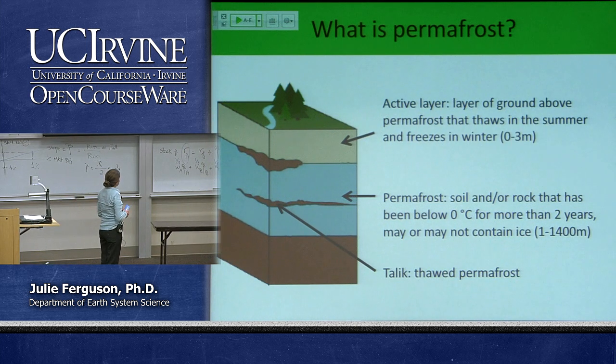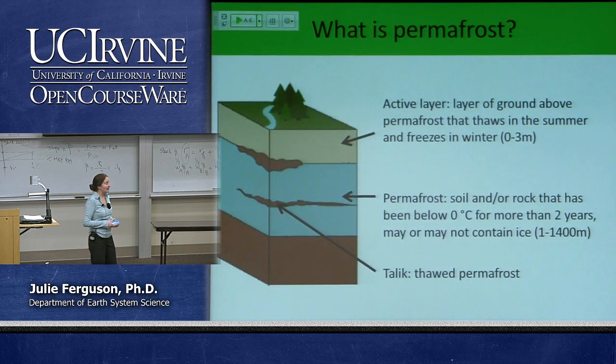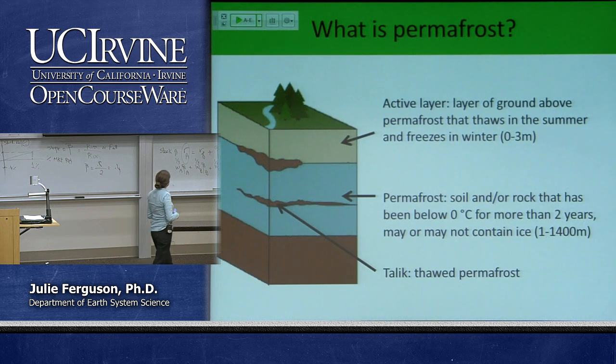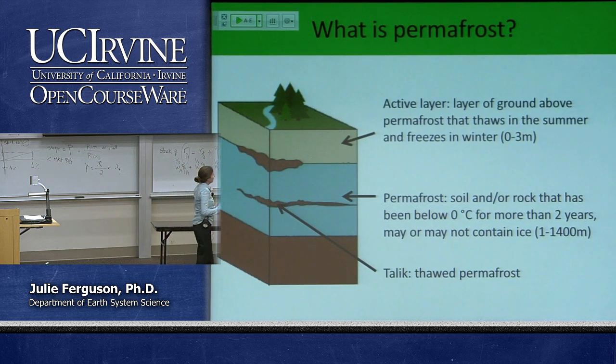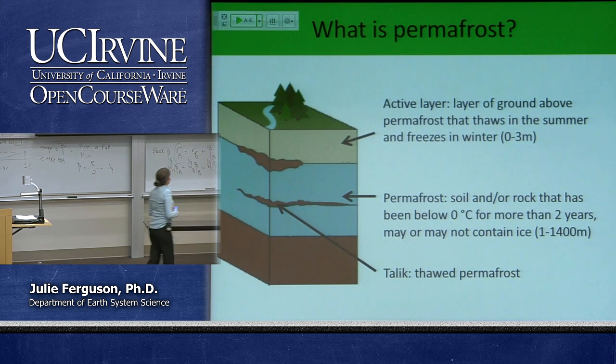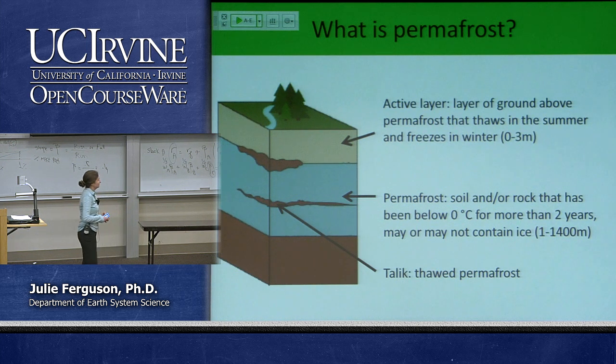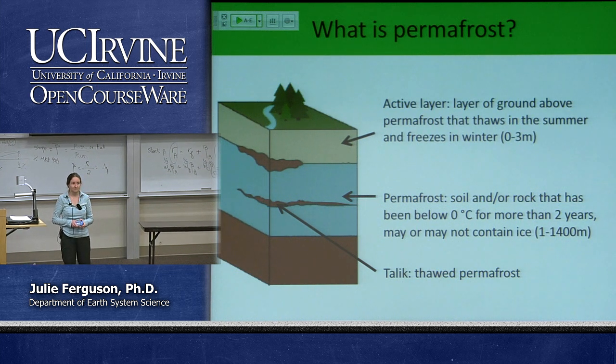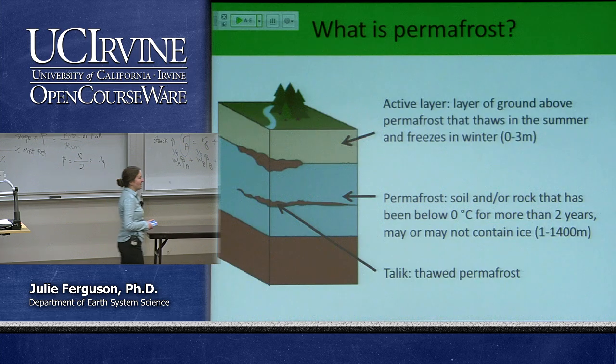And then we have a couple of other things that we use when we talk about permafrost. We talk about the active layer, which is that very top layer on my diagram, and that's the layer of ground which thaws out in the summer and freezes again in winter. And why do you think it might be called the active layer?